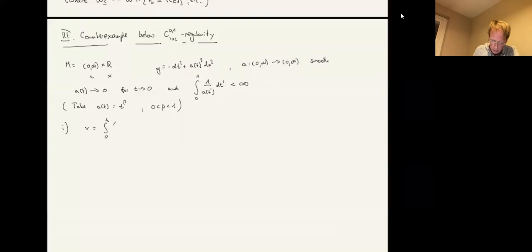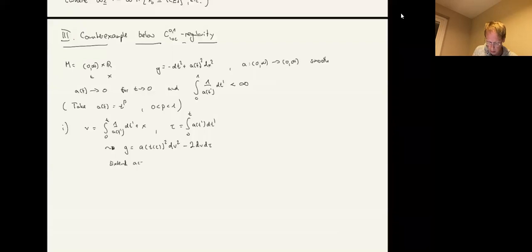So we introduce a new coordinate v like so, and also a new coordinate tau in this way, and you can check that in these coordinates, in the v tau coordinates, the metric takes this form, minus ... and so since a goes to 0, we can extend a as a function of tau to tau negative just by setting it there identically to 0.